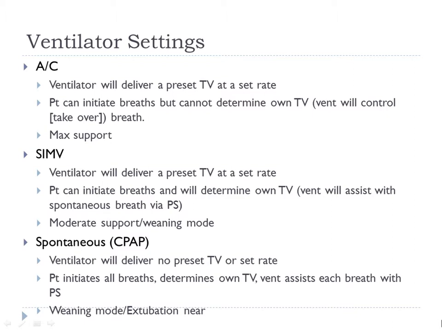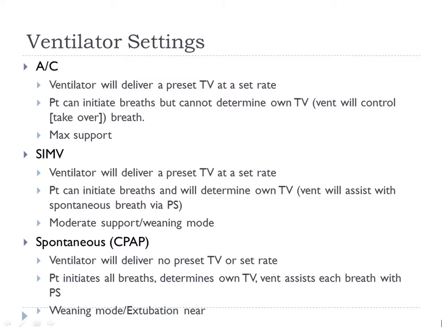All right? So let's talk about these three modes of ventilation. I'm going to explain to you how the patient and the machine interact. This is important to know. I put these in order of most support to least support. So let's talk about most support first.